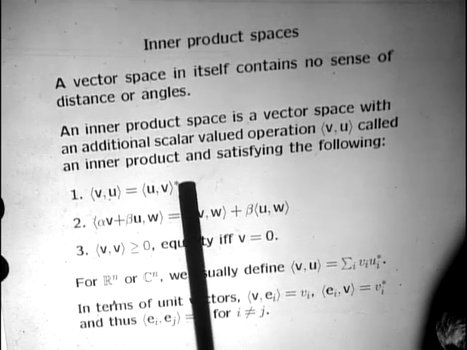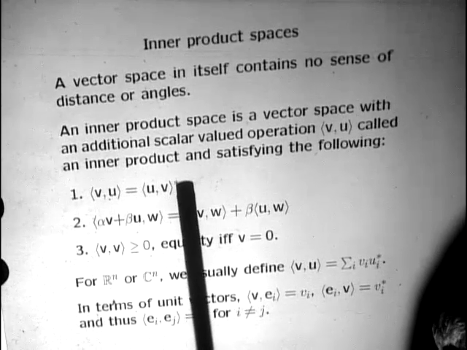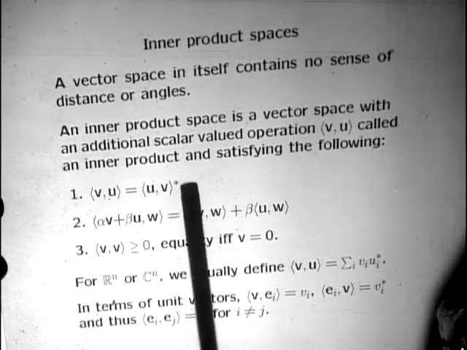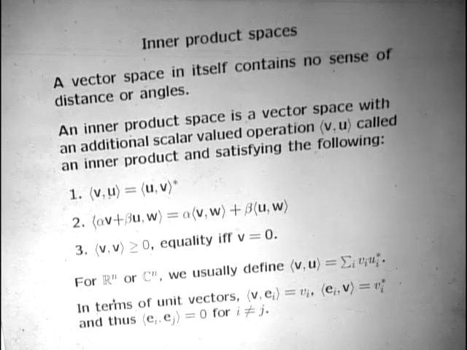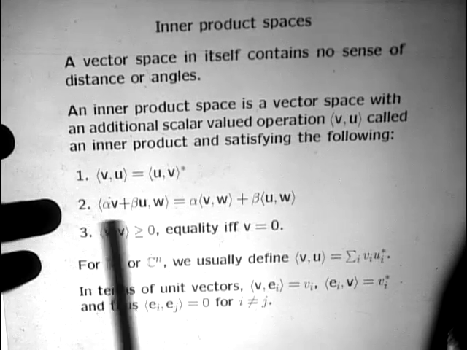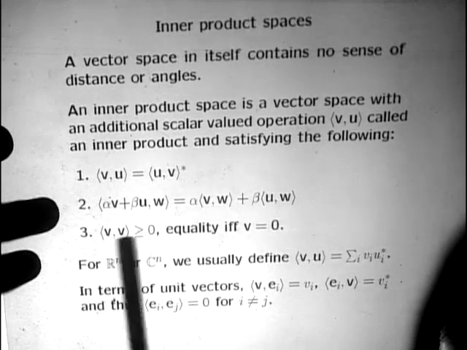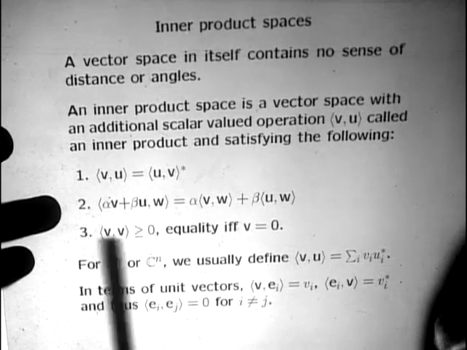We've already seen that sort of thing in taking Fourier series, and the fact that when you're dealing with complex numbers, symmetry doesn't usually hold, and you usually need some kind of Hermitian symmetry in most of the things you do. The next axiom is something called bilinearity.